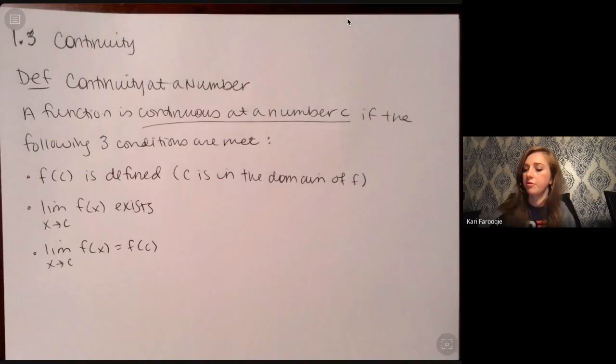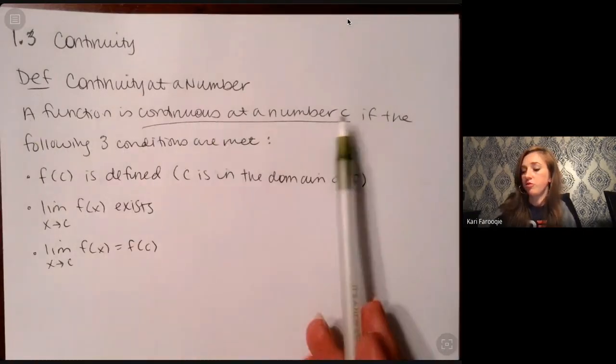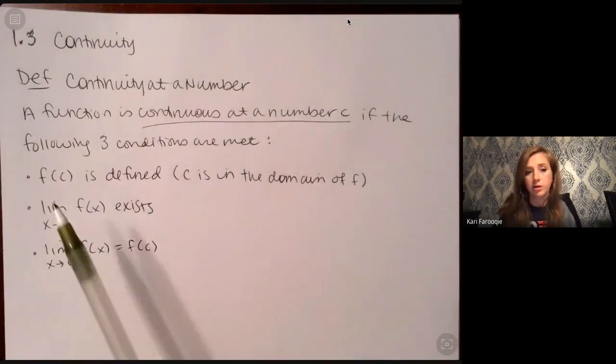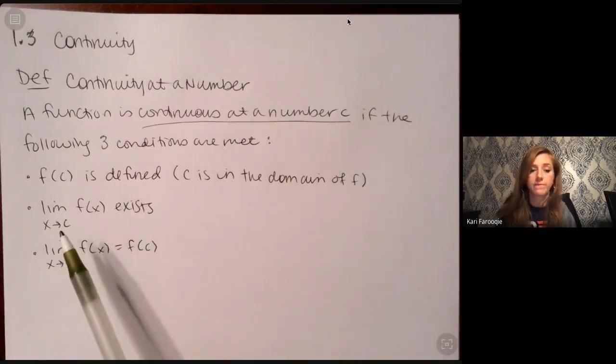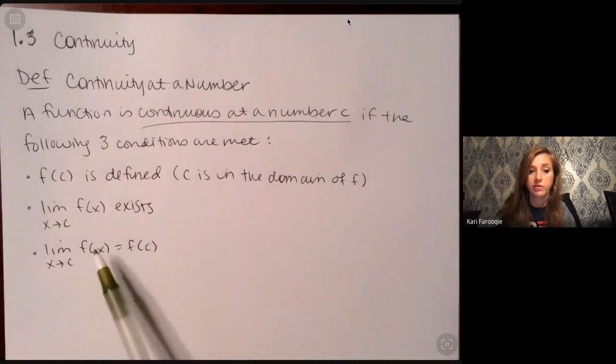Okay. So a function is continuous at a number c if the following three conditions are met. The function has to be defined at that value. The limit must exist, and the limit of the function as x approaches that value c has to be equal to the actual function value at c.